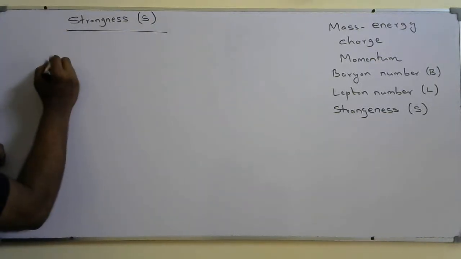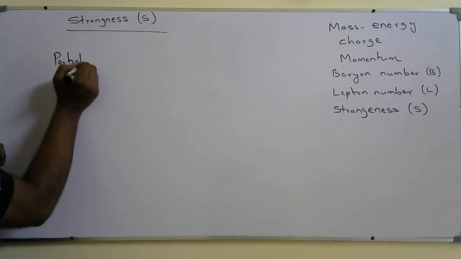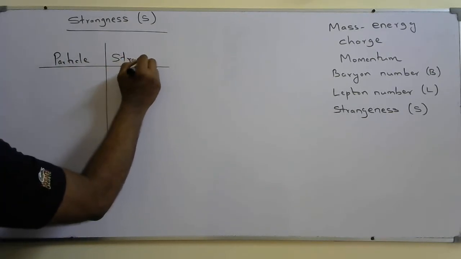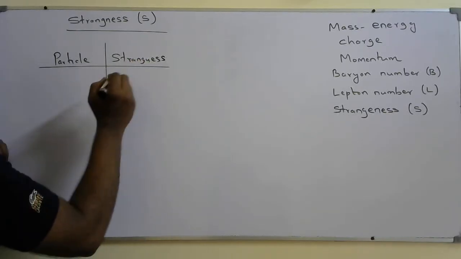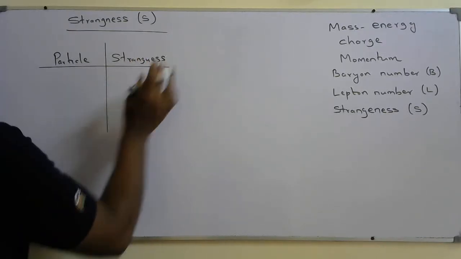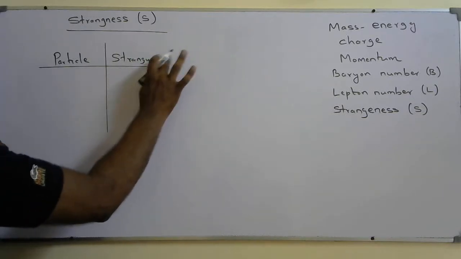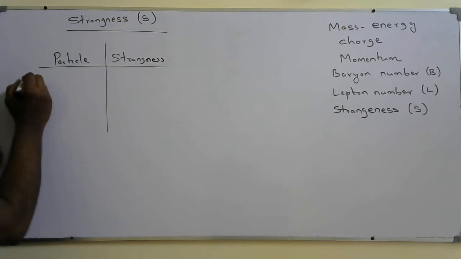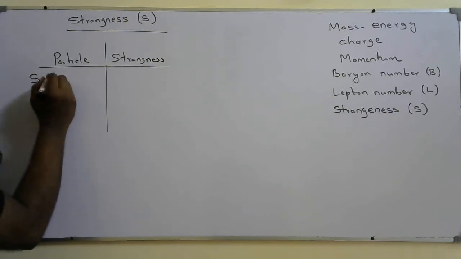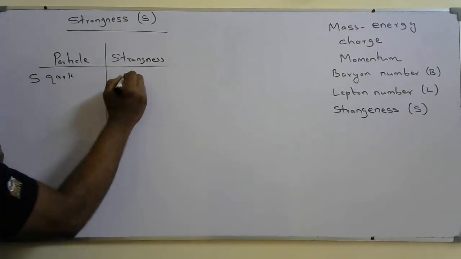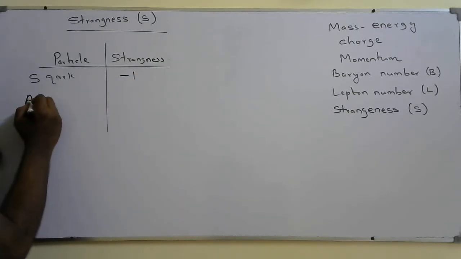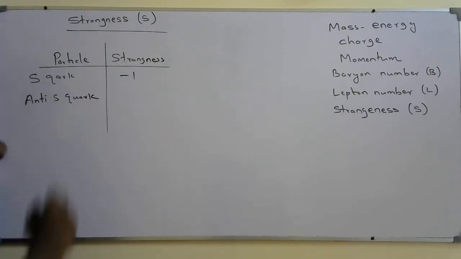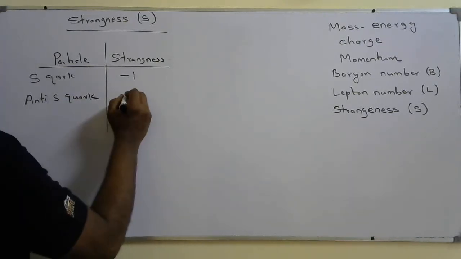So that is for the S quark, the strange quark, -1; the anti-S quark, that is the anti-strange quark, +1.